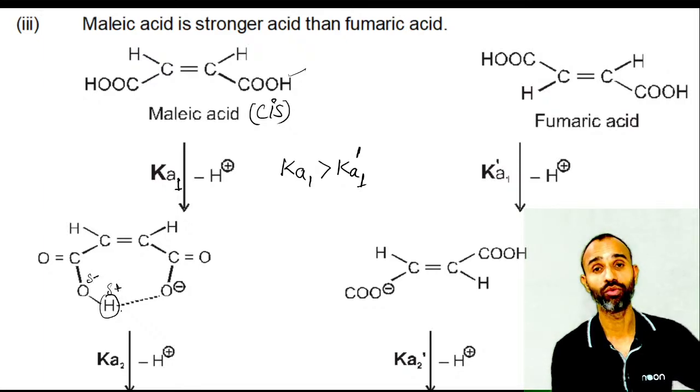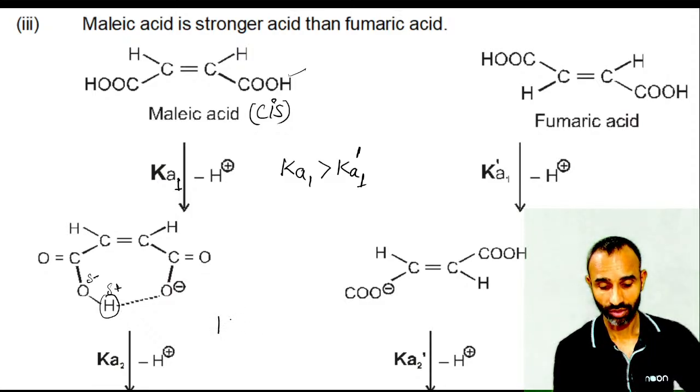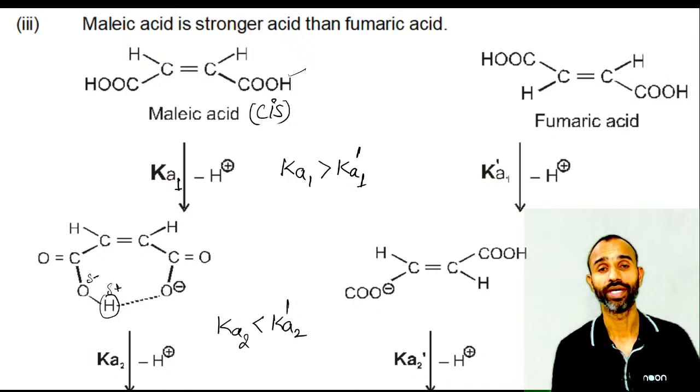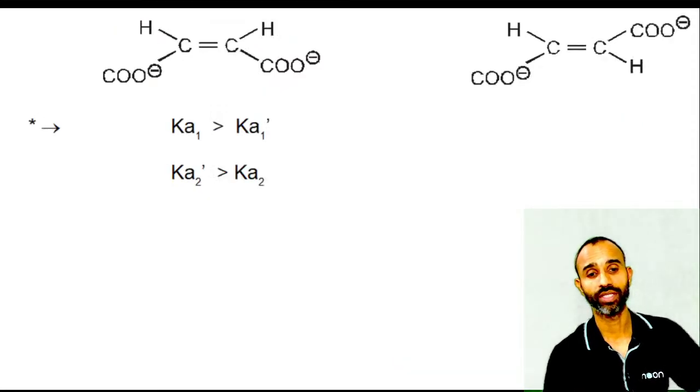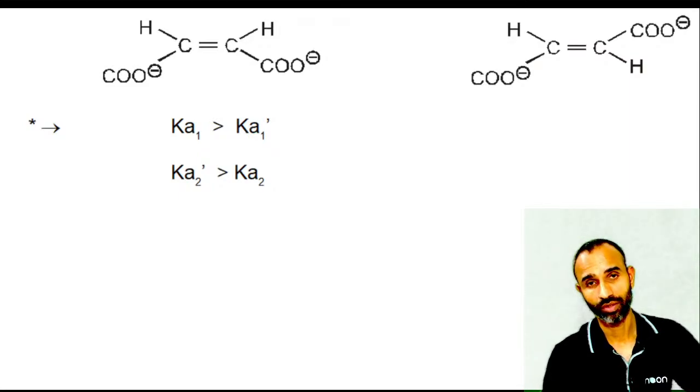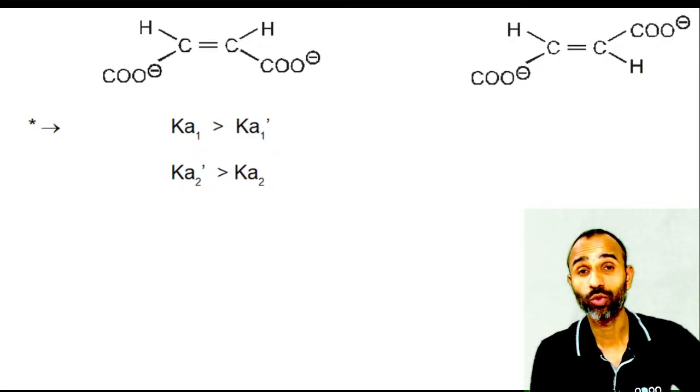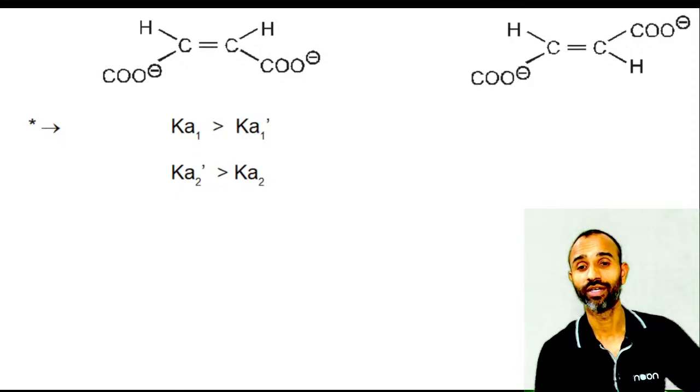Now its removal is difficult. So Ka2 is less than Ka2 dash. So Ka1 is greater than Ka1 dash, but Ka2 dash is greater than Ka2.